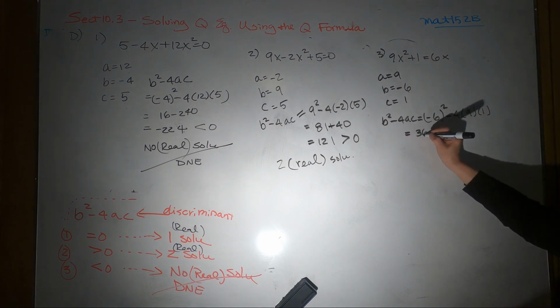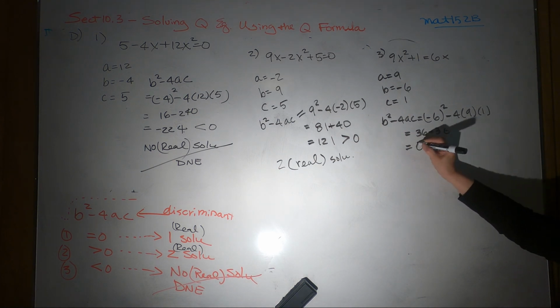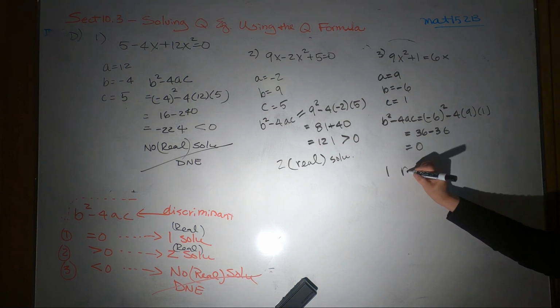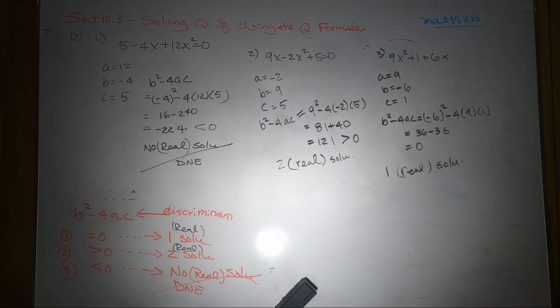That would be 36 minus 36. You end up with 0. Then what kind of solutions do you have? 1 real solution, right? That's how we decide what kind of solutions for your quadratic equations instead of actually solving it. Use the discriminant to decide. You can decide right away. Okay?